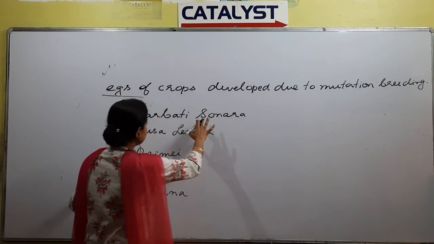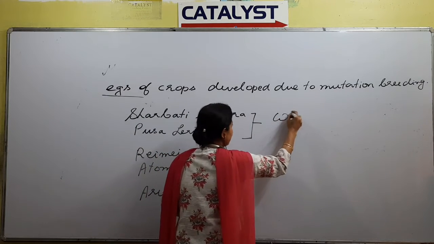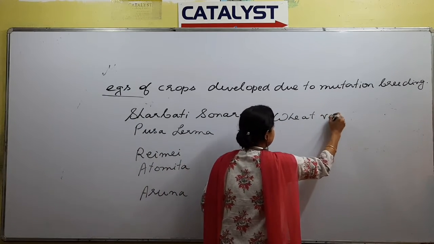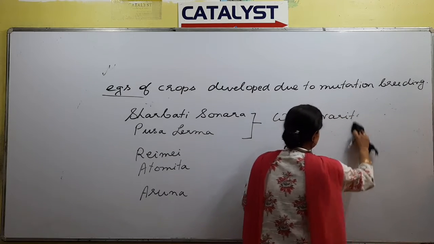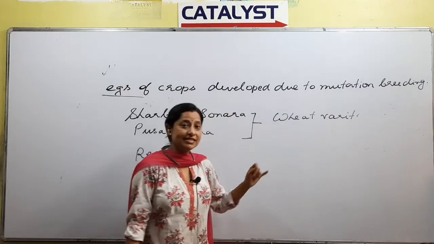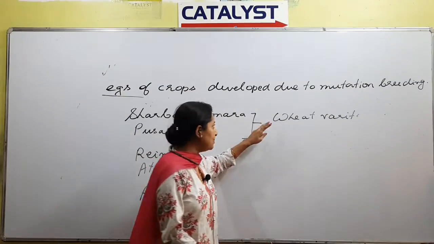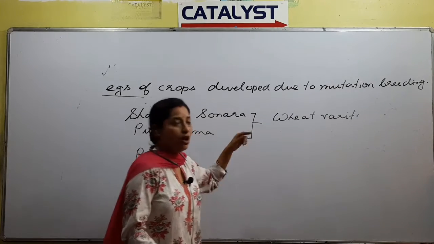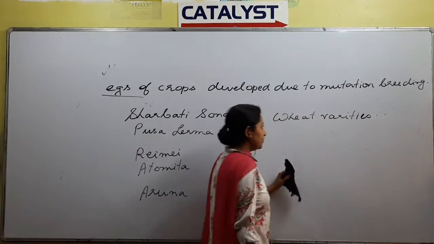If you are talking about Sharbati Sonara and Pusa Lerma, what we are talking about is wheat varieties, right? The question could be: Sharbati Sonara or Pusa Lerma is a variety of wheat, rice, castor, or millets? So you need to be sure that these two are nothing but wheat varieties developed because of mutation breeding.